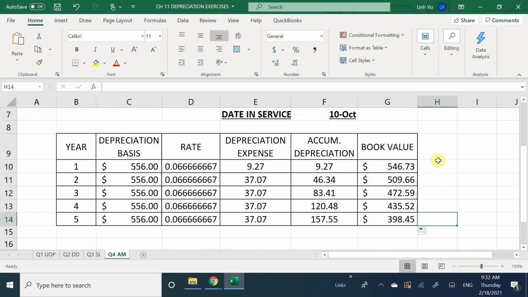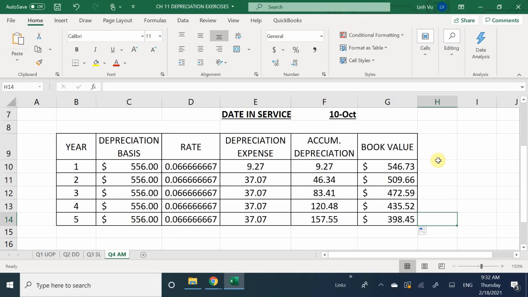So looking at all these depreciations, we know amortization is identical to straight line. We know that units of production is based on a capacity of units. And double declining is based on using the asset more in the beginning than in its later years.